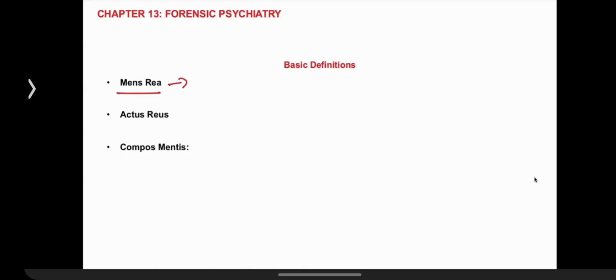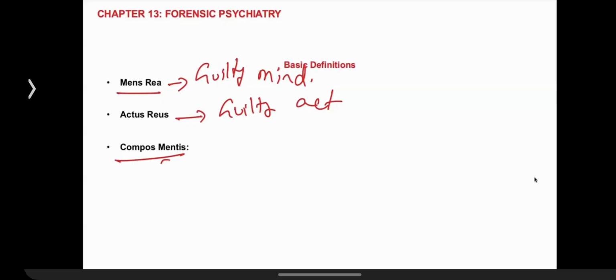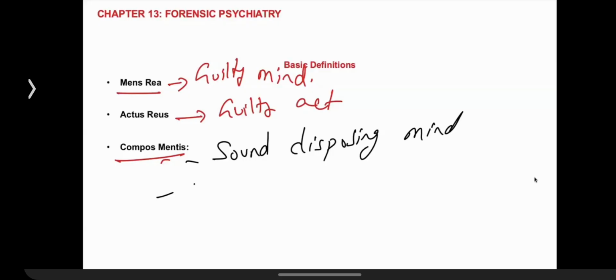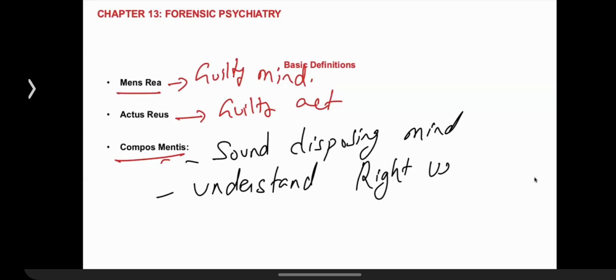Forensic psychiatry. Mens rea, guilty mind. Actus reus, guilty act. Compos mentis, sound disposing mind, a mind which can understand right versus wrong.